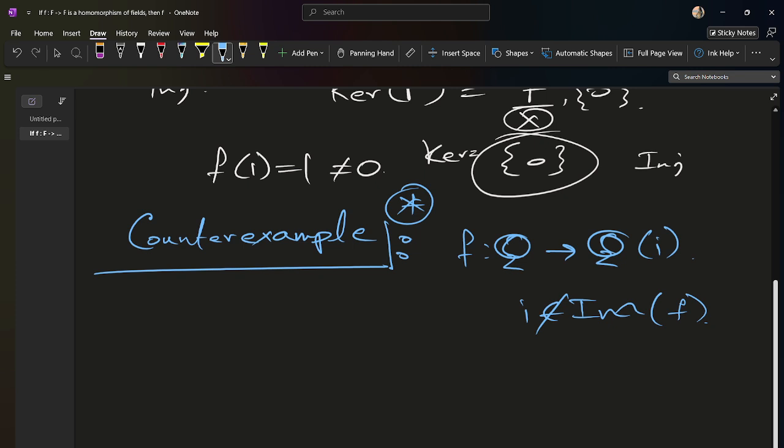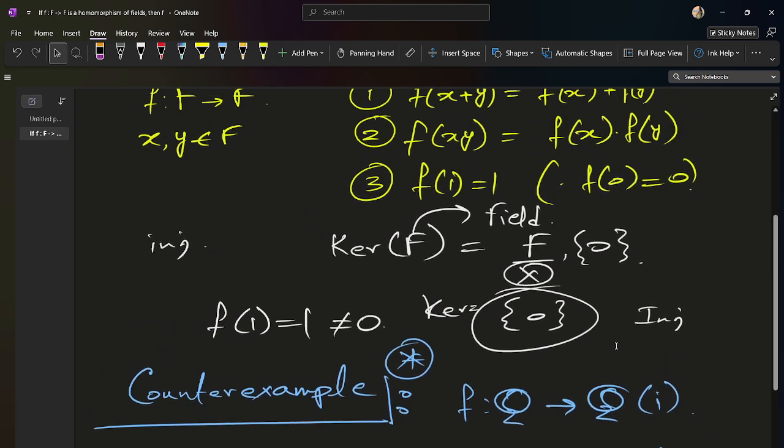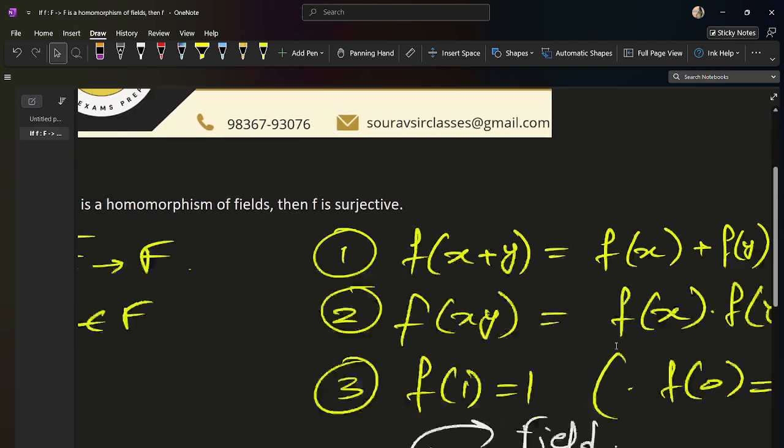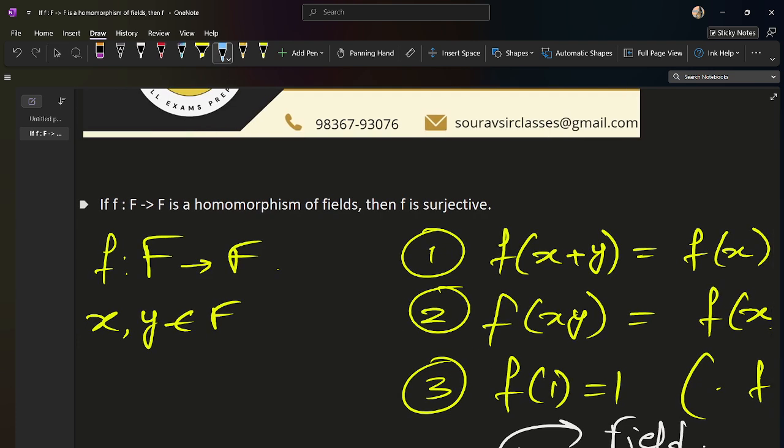However, it's true that if f is a homomorphism from F to F', a homomorphism of fields, and F' is a finite field, then it is surjective. If they told us that this is finite, then it would be surjective. But they did not tell us that, so we have a counter example.